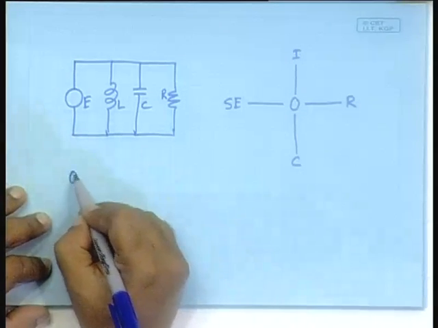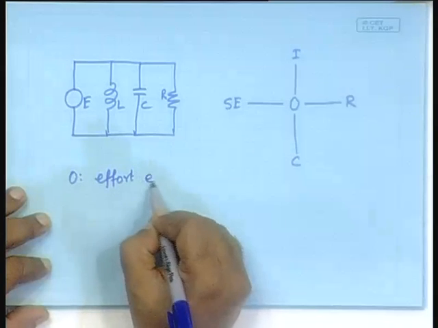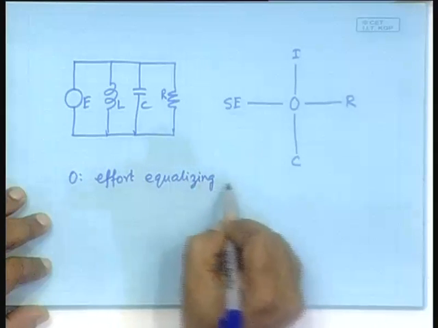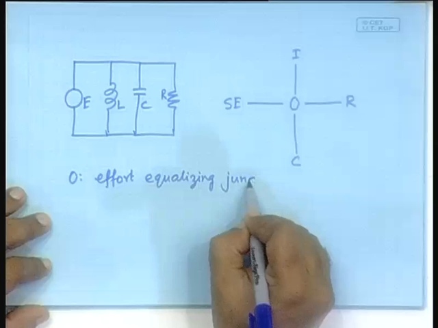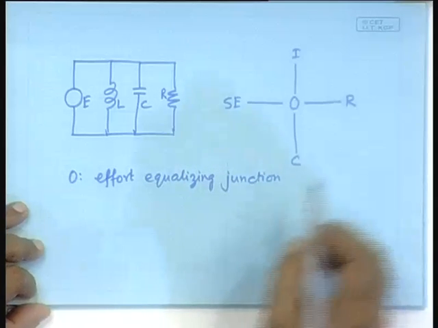So, 0 is the effort equalizing junction.